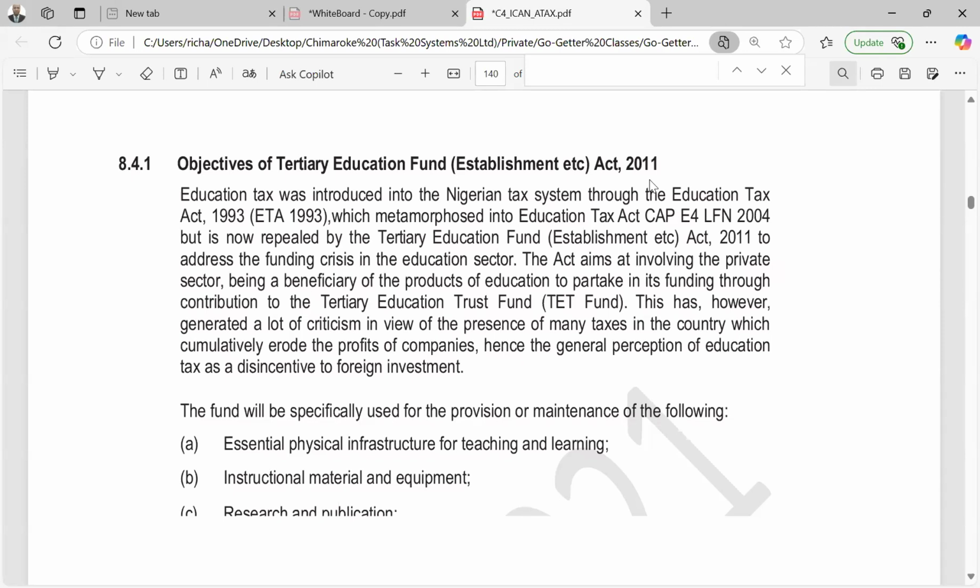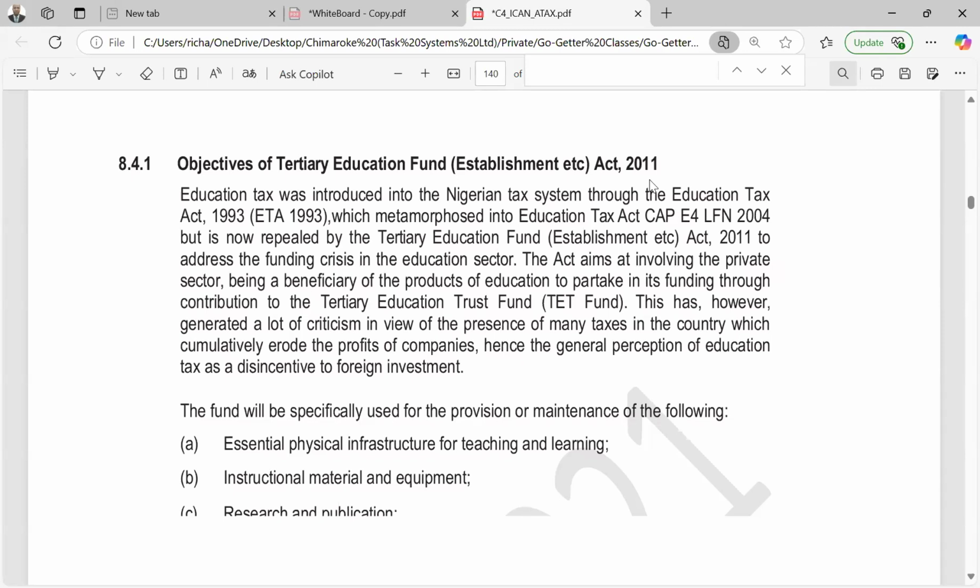And so the government look at ways in which to revive the education sector by asking companies that are also a stakeholder in the economy to come to the aid.